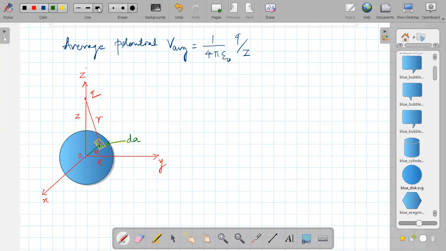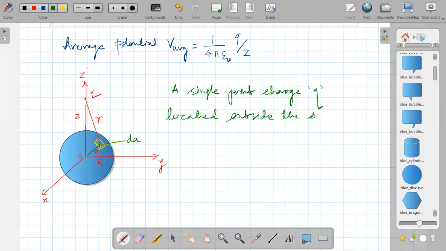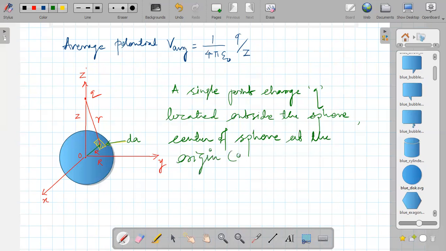Okay. Therefore, in this case we can write: a single point charge, that is q, located outside the sphere, and the center of the sphere located at the origin, 0, 0, 0.